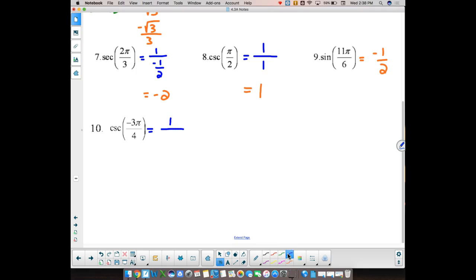becomes 1 over, we're talking cosecant, that's sine. So the sine value there is negative root 2 over 2.